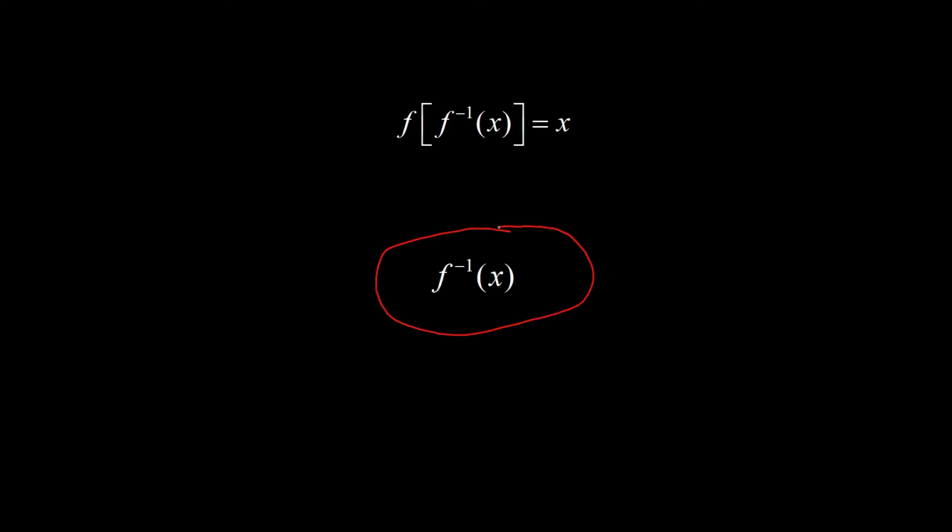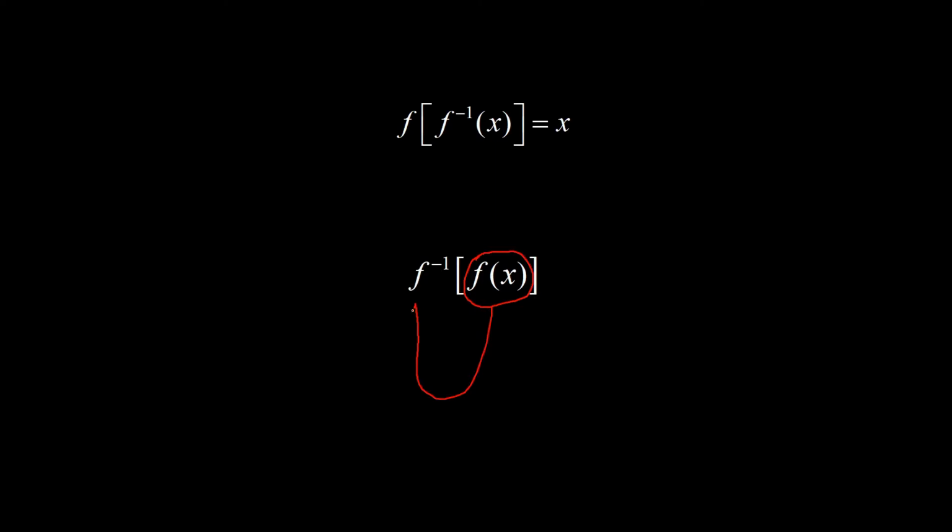If you take the inverse function and put the original function into it, we also get x, or whatever the input variable name is. So just some quick review on the inverse function and its properties.